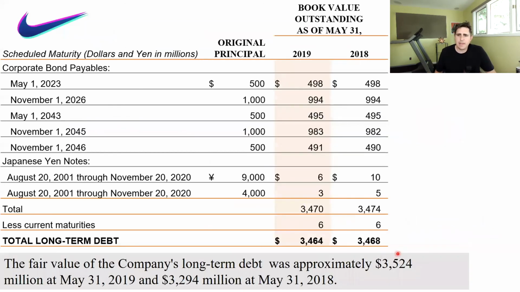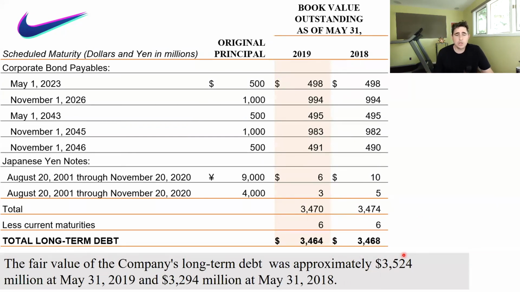What does it mean that the fair value of the bond is now higher than the book value? And this is on an aggregate basis. So you add all these bonds together and you have an aggregate book value, and you also have an aggregate fair value. So what does it mean that the fair value is higher than the book value? It means that Nike has become less risky since they issued these bonds.